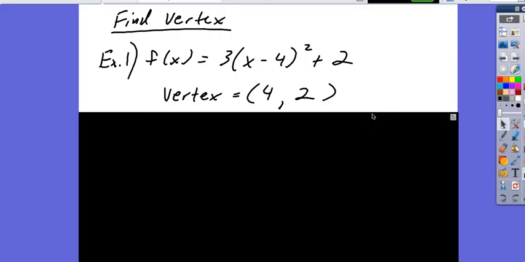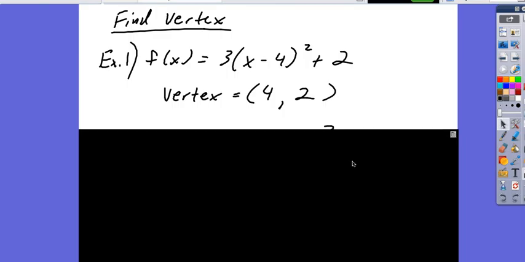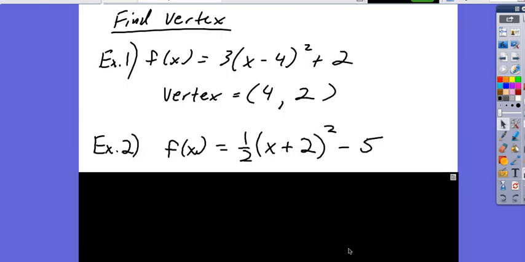Let's look at the second example. So, f of x equals 1/2 times (x + 2) squared minus 5. So here we have another one that's in vertex form. So, without saying it out loud, say it to yourself. Don't say it. I'm going to call on everybody to say it in just a second.